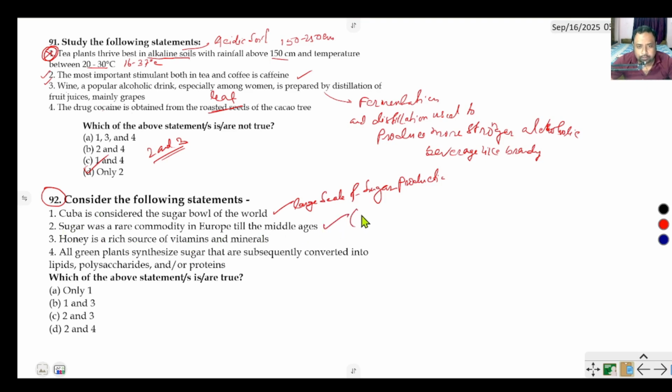Because they ate spicy food, not sugar. Honey is a rich source of vitamins and minerals, which is right. All green plants synthesize sugars that are subsequently converted into lipids, polysaccharides and proteins. This is also right. So all of the above options are correct.